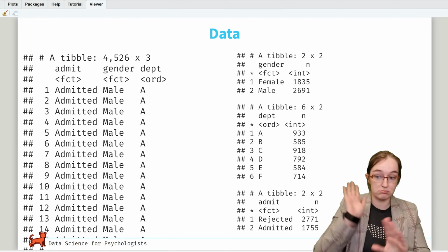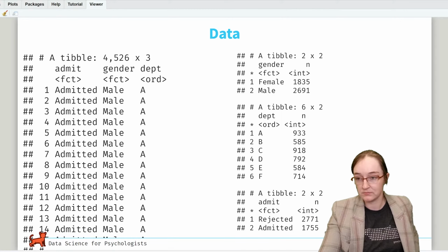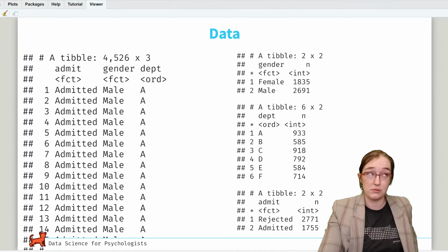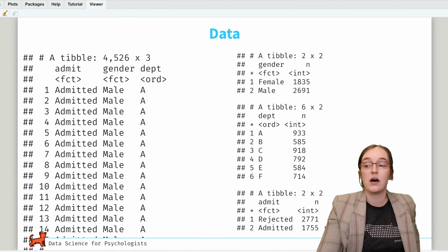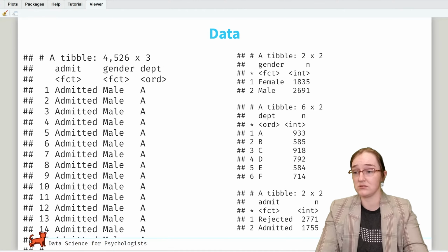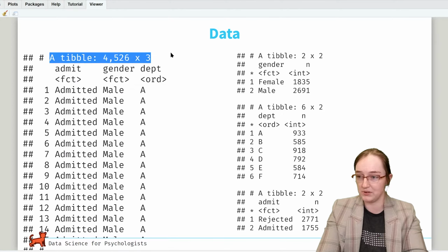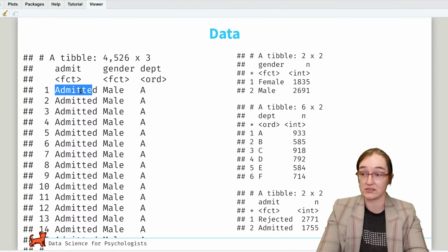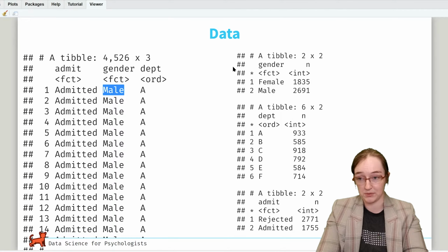Cool, cool, cool. Very nice and fancy. And it's just a breakdown of 4,500 data decisions. And we can see that more folks, so here's our tibble that gives the verdict, admitted or not, the gender, and the department.